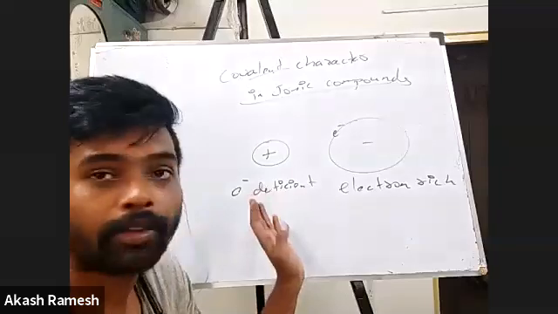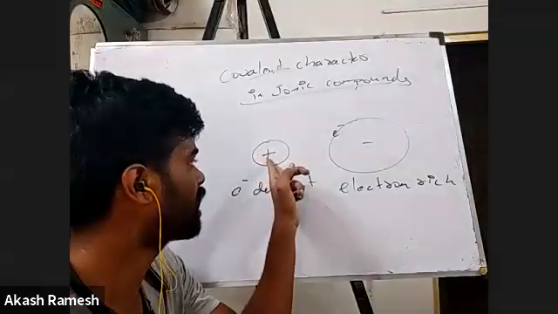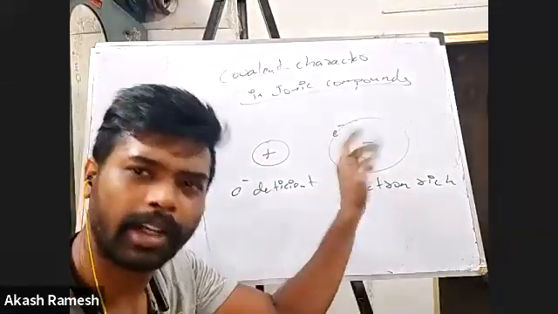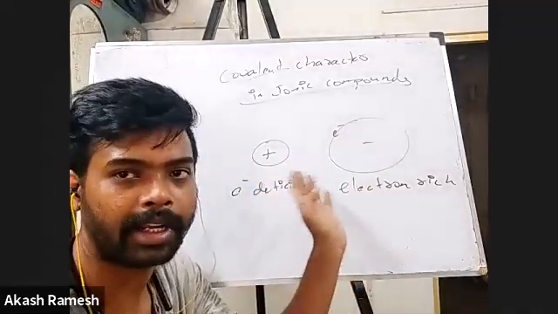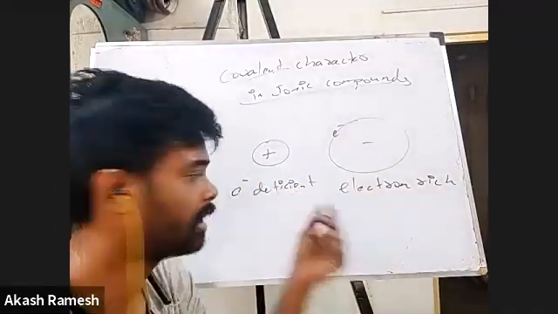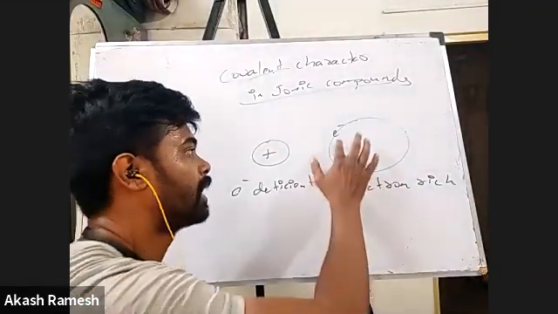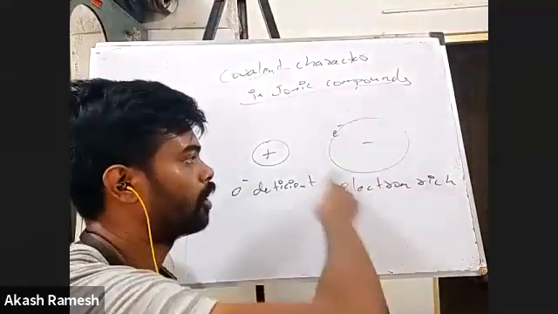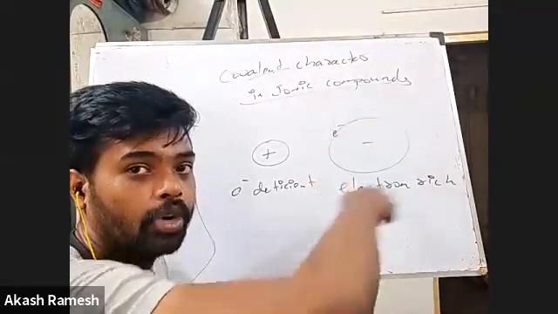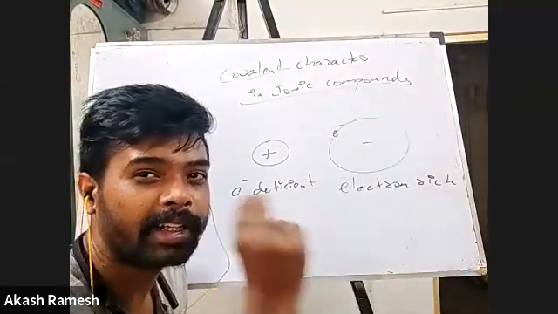If there was no interaction between this cation and this electron, it will be perfectly ionic. There will not be any interaction, right? But since this is electron deficient and this is electron rich, the electron cloud of your anion is going to get distorted.